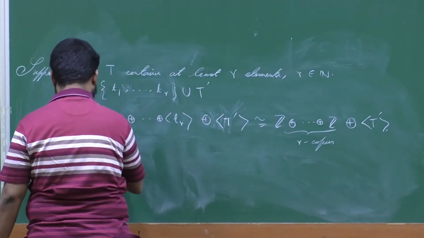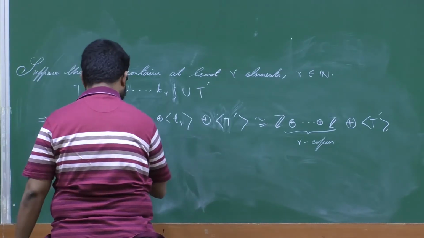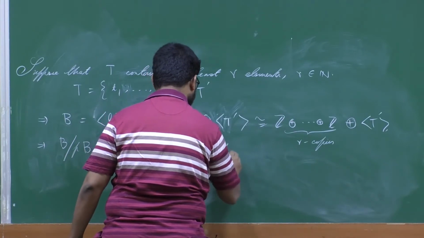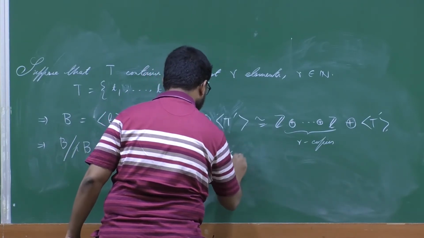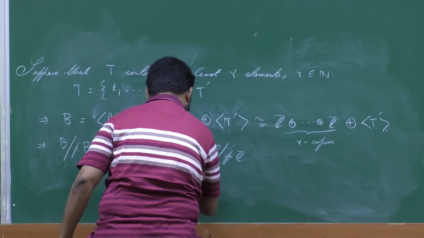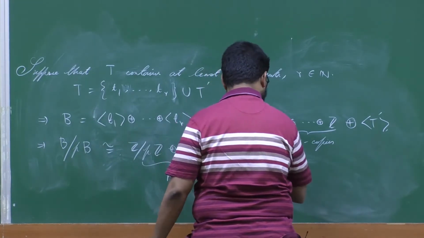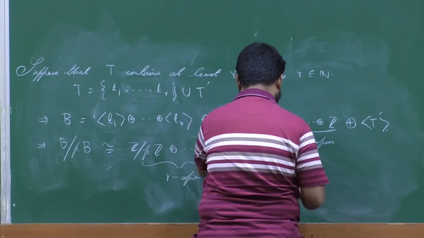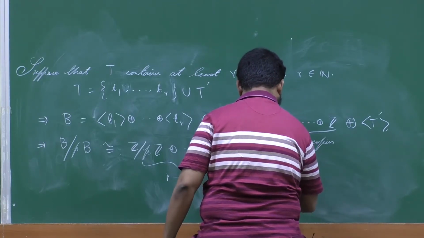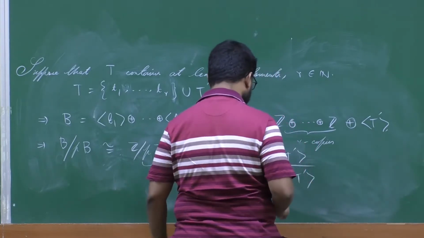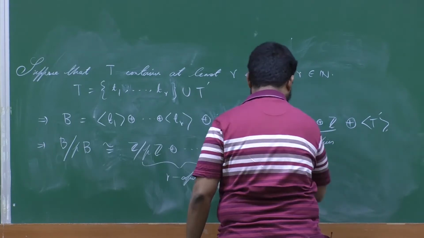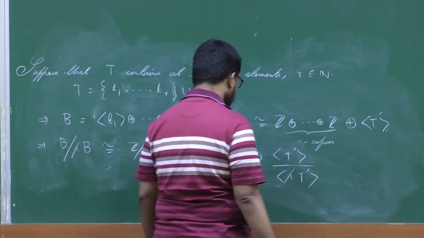So then it becomes entirely clear that this will be Z modulo pZ, r copies, and then something happens to this, and okay, it is exactly the same as saying that if we multiply each and every element of T' by p and then take the subgroup generated by that.